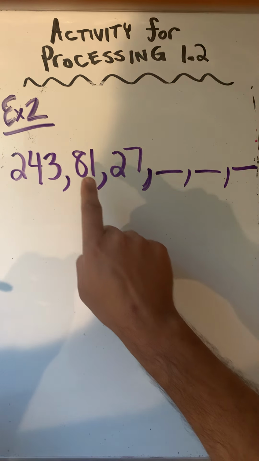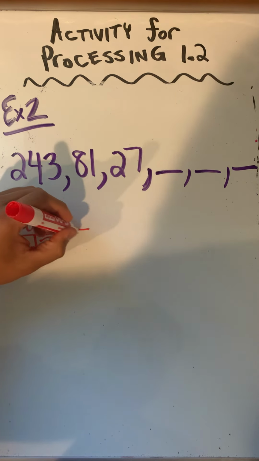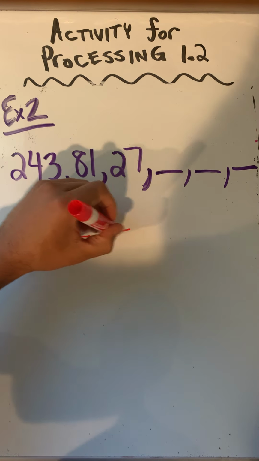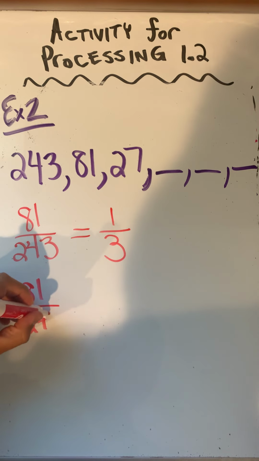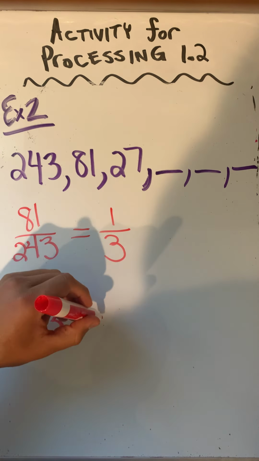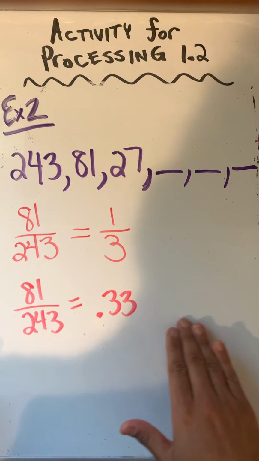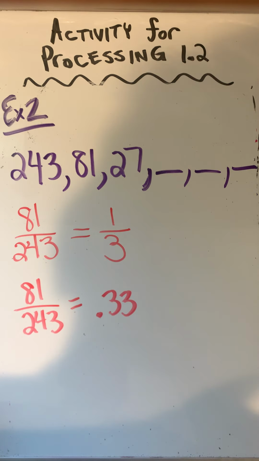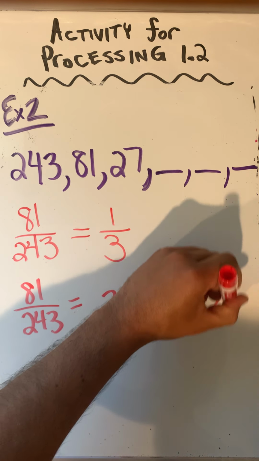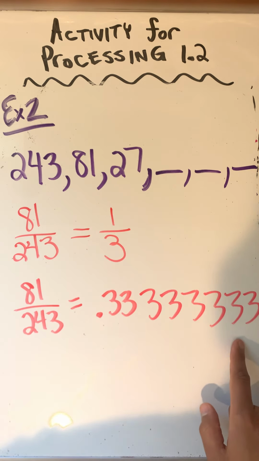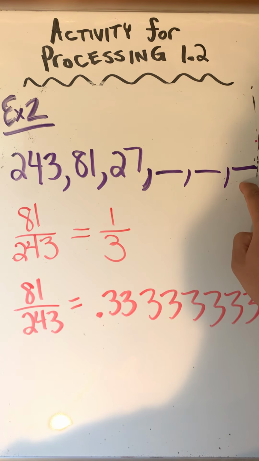All right, so let me use that method where I have 81/243. And I get 1/3 after some simplification. Now, those of you who use the decimal, you should have wound up with something like 0.33. You're going to notice your calculator sometimes gives you a bunch of values. If you get a long list, like 0.33333333, then you're going to have to type those in every time you multiply that growth factor into the terms.